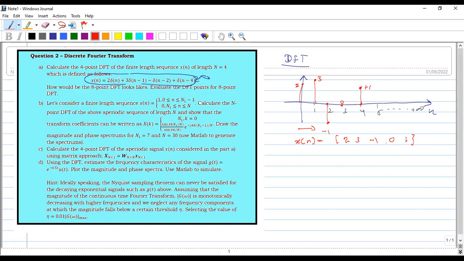So this is our sequence, and we are asked to find the 4-point DFT. I think you can remember the definition.